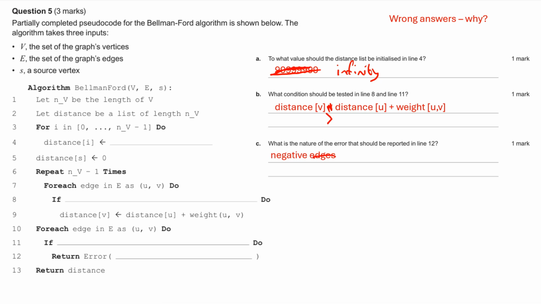Negative edges aren't a problem. It's negative cycles which catch us out. So what we're doing from lines 10 to 12 is just running the process again. And if anything has changed, then we'll get that error that there are negative cycles. So if we find that we're able to relax even one distance, then we'll return that negative cycles error.